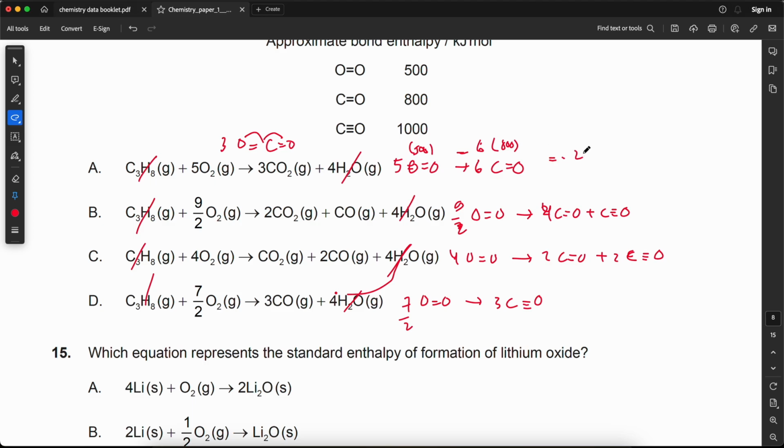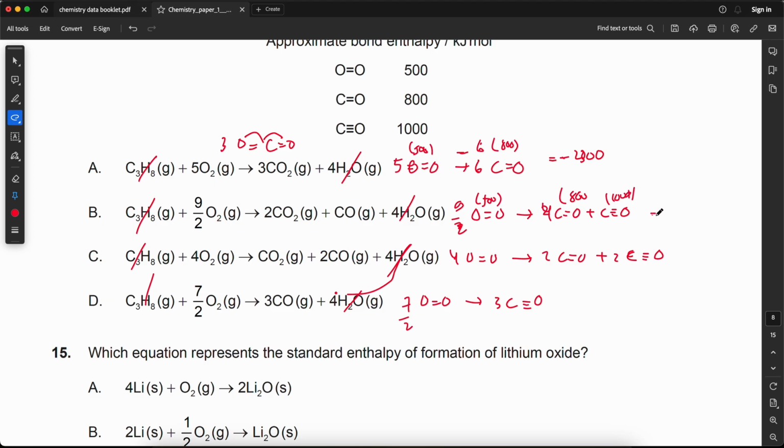It's negative 2300. And this one 500, this one 800. Okay, for C double bond O 800, and this one is 1000.